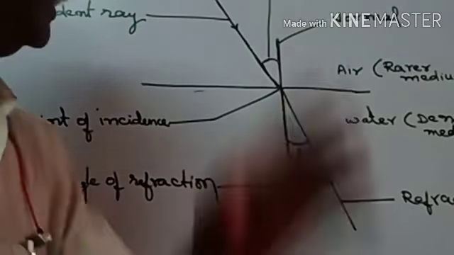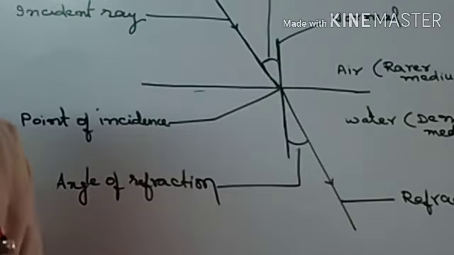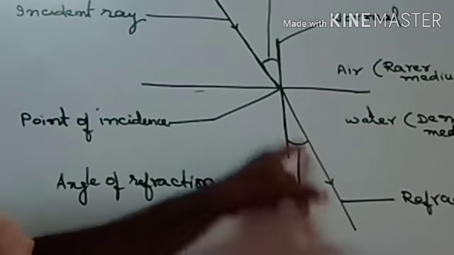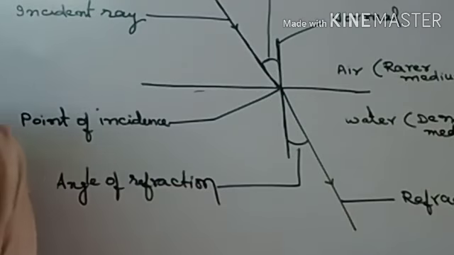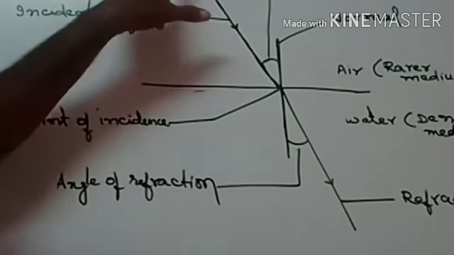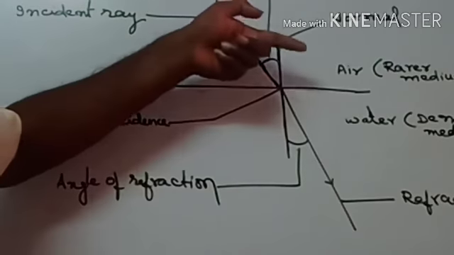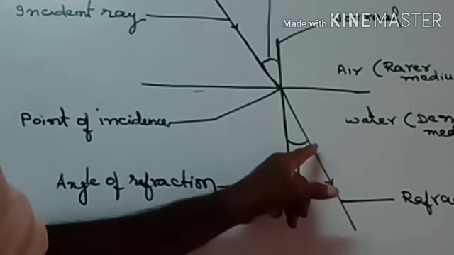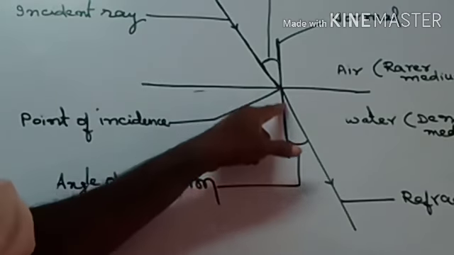Now when we compare this angle and this angle, the angle of refraction is less than the angle of incidence. Why? When a light ray travels from a rarer medium to a denser medium, the refracted ray moves towards the normal.